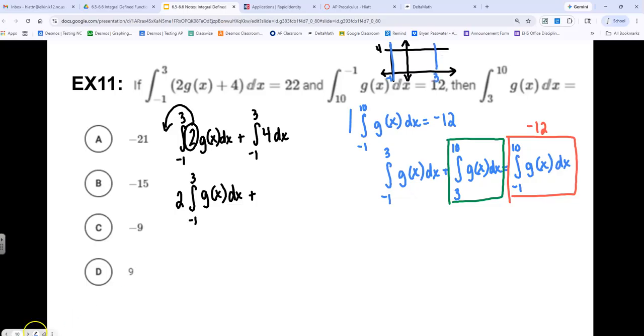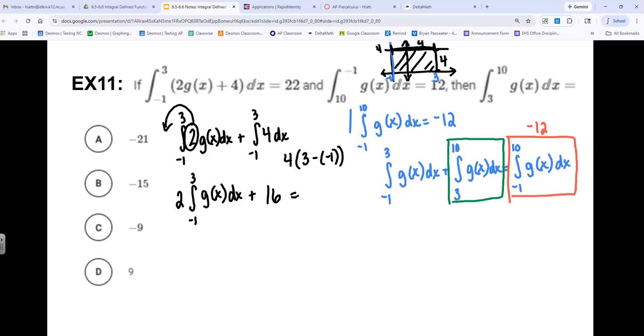What's the height of that rectangle? That height from here to here is 4. What's the width of that rectangle? Also 4, because I'm going from -1 to 3. So that area right there is going to be 16. Or another way you can write it is 4 times 3 minus -1.